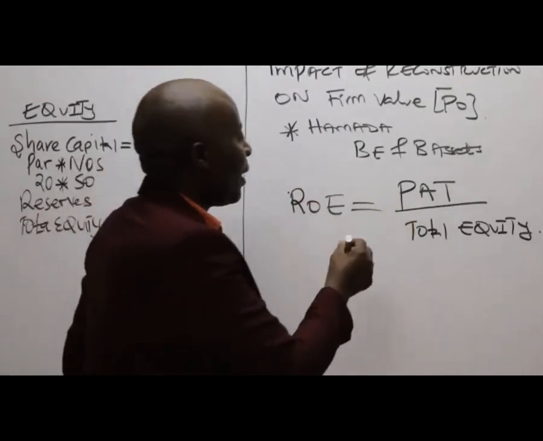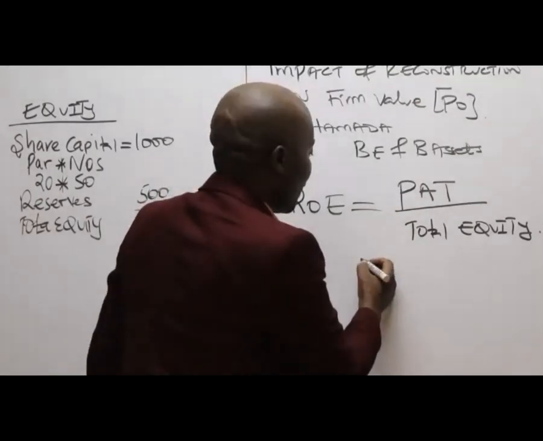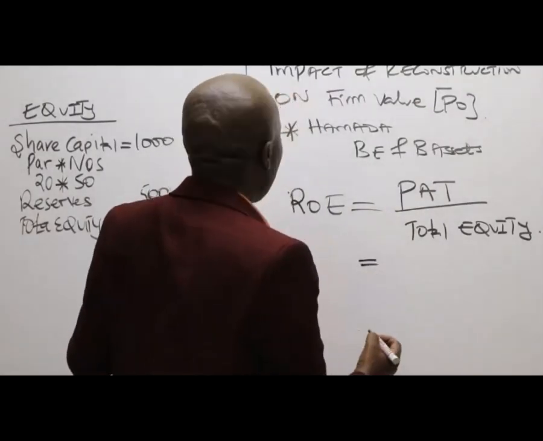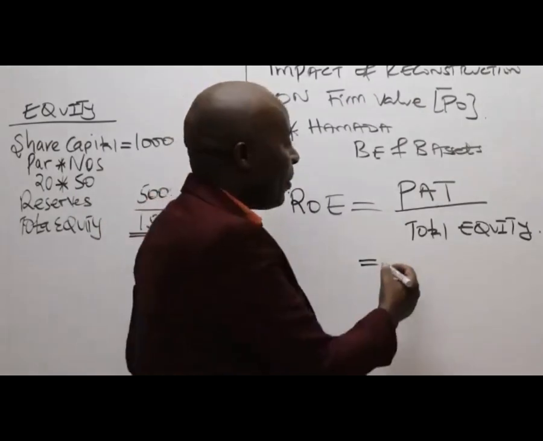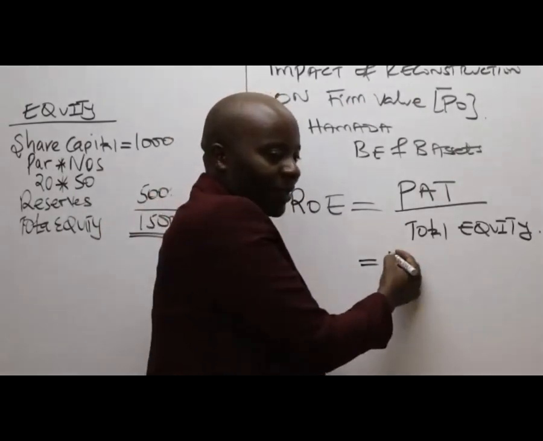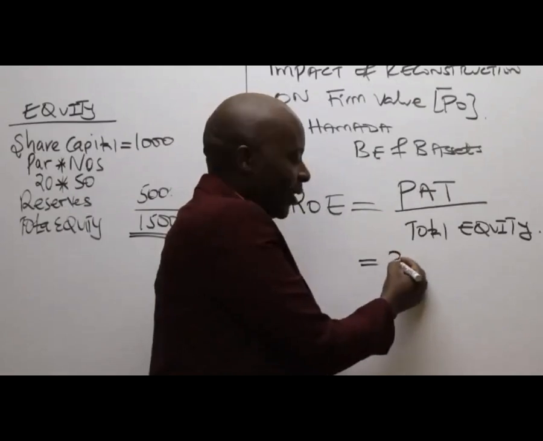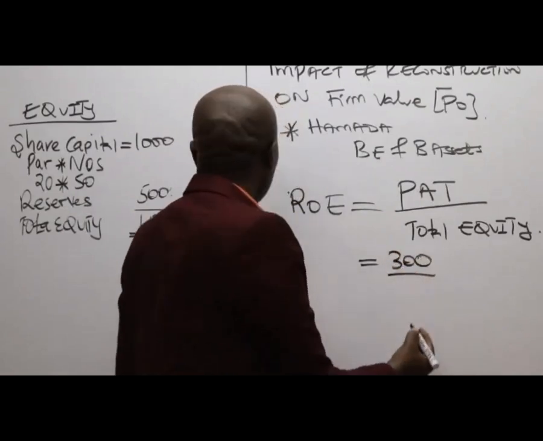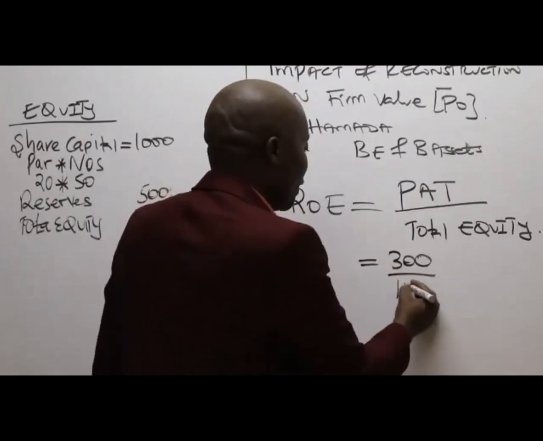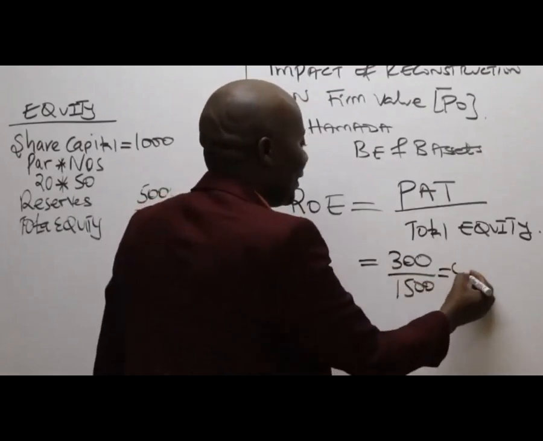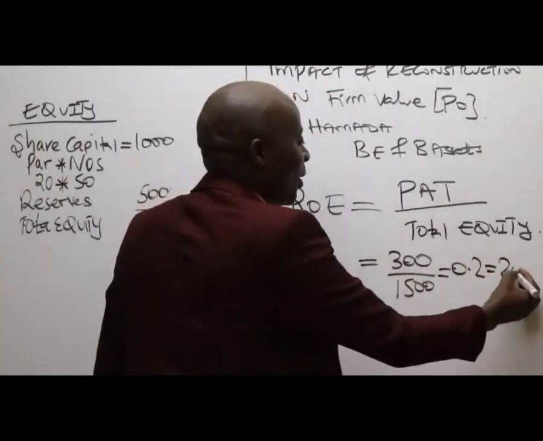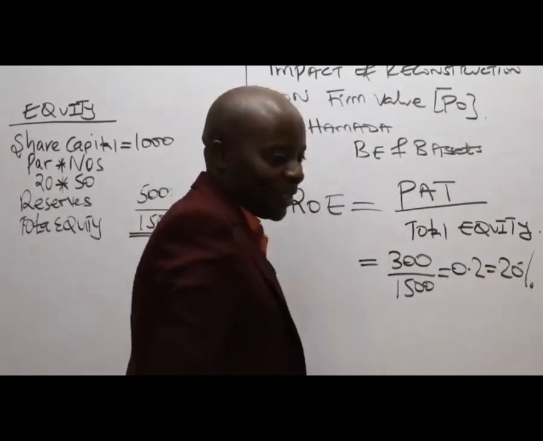Here we have our profit after tax. You guys gave me a figure. How much was the profit after tax? 300 out of the total equity, which is 1,500, meaning that the return on equity is 0.2, which is the same as 20%.